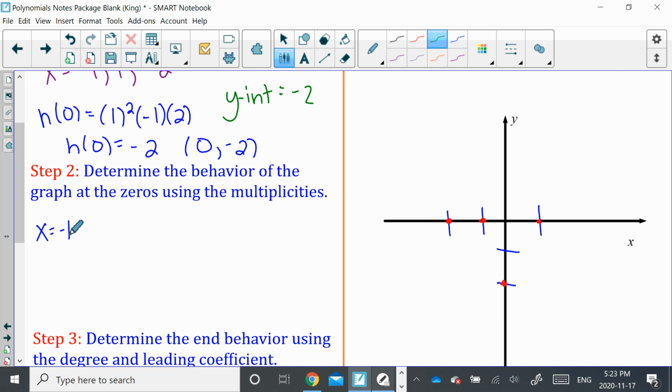So at x equal to -1, it has a multiplicity of 2. And remember, if you have a multiplicity of 2 or a multiplicity of 4, our graph is going to be tangent at this x-intercept.